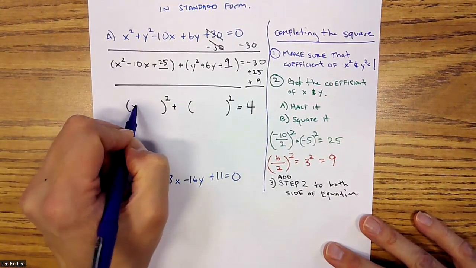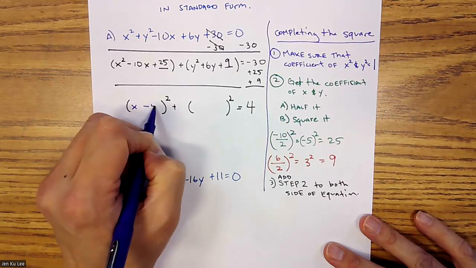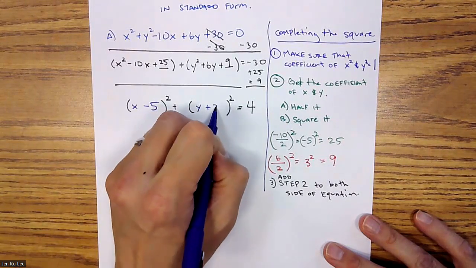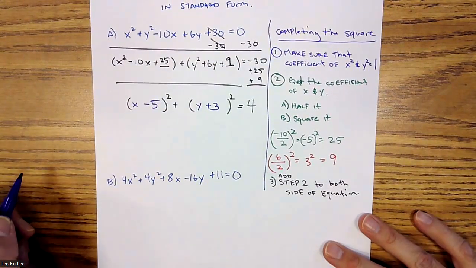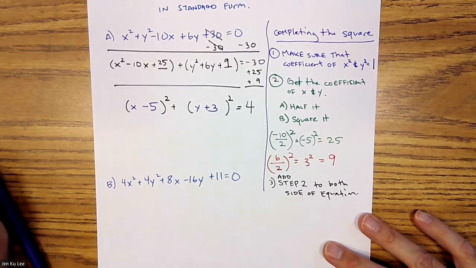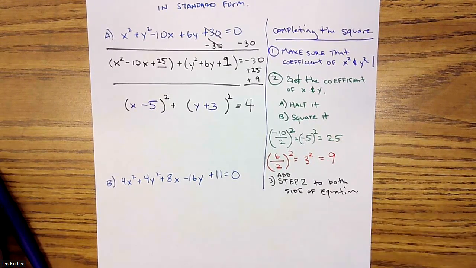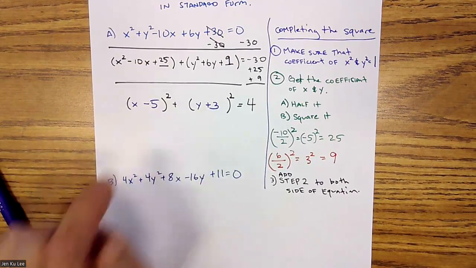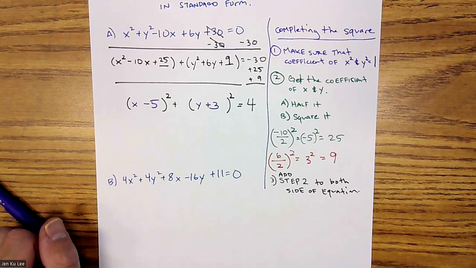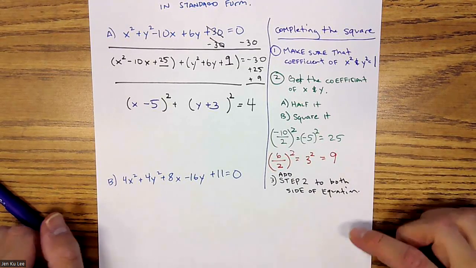So remember, this is x minus 5 quantity squared plus y plus 3 quantity squared. You guys remember that? If you don't, refer back to the notes on completing the square. Come and see me on how to factor that. You can factor it as well. You're gonna get x minus 5, x minus 5. So there's an array of ways to do this.